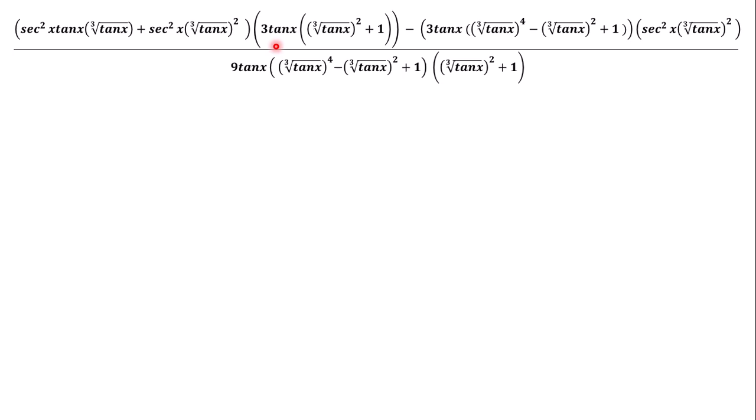If it is a different thing, it has to be separated by an operation sign, as you are seeing here. So here, because this one is different from this, it is separated by an operation sign. That is the minus here, or it can be any other operation sign at all, plus or minus.